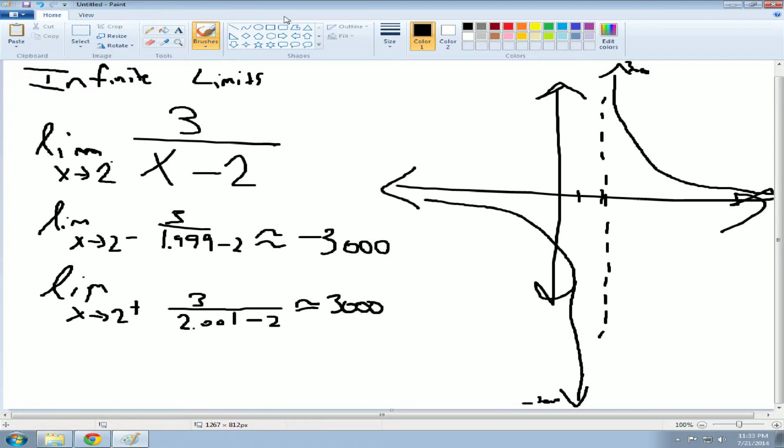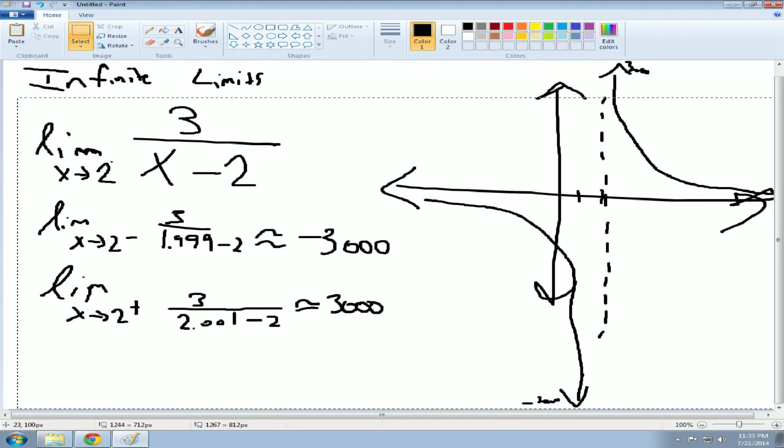So let's see. We're going to determine the limits just by looking at the graph.